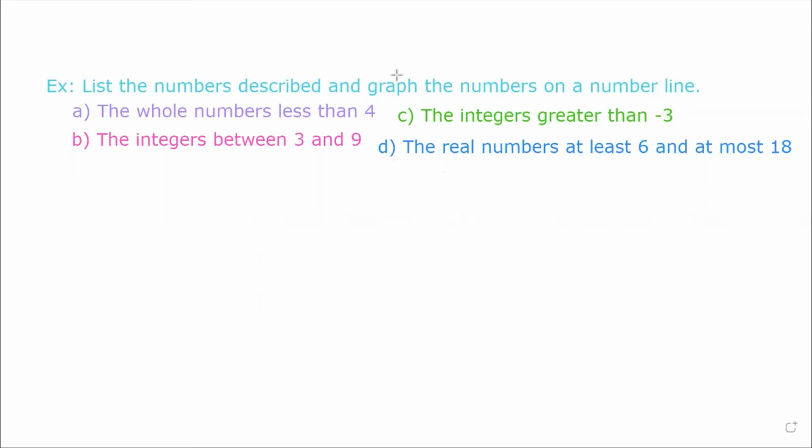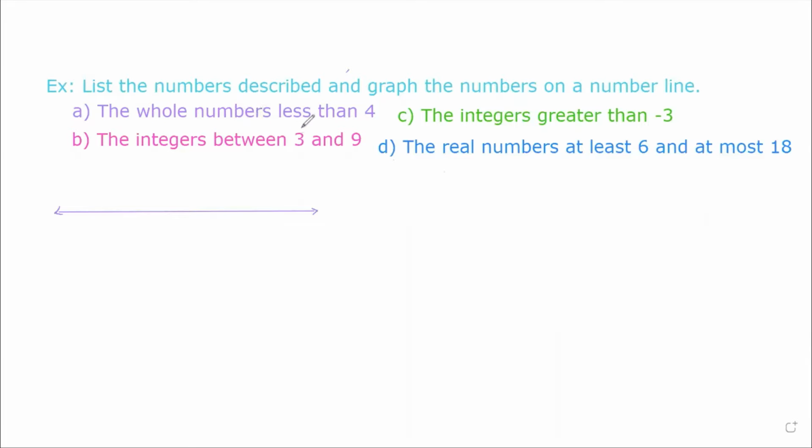I want to use the same color. Draw the number line. And every time I want to draw the arrows on both ends.